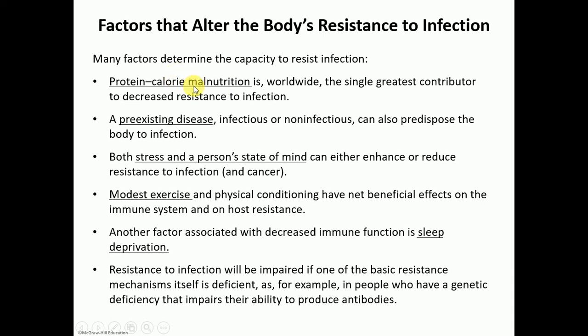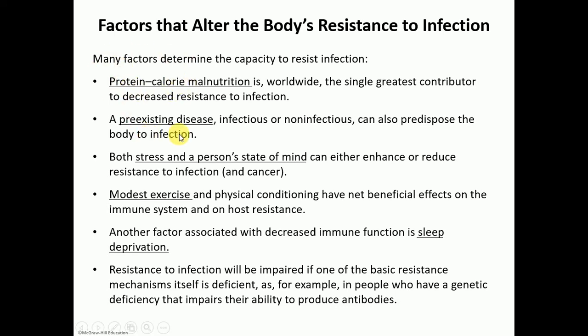Their diet is really made of starch, carbs, and fat, while it is deprived of protein. Remember that your complement system is made of plasma proteins. If you don't have enough amino acids, how are you going to be making them? So a lot of your immune responses depend on an adequate protein intake.